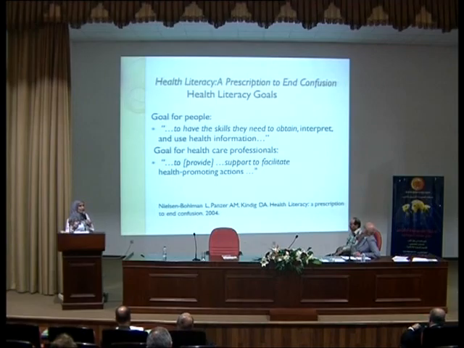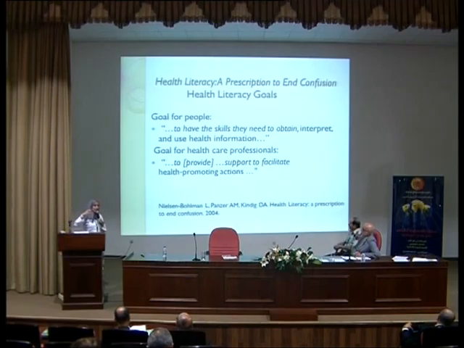You have to identify the state of the patient or consumer, identify his needs and goals, and try to meet them. I will talk about the role of pharmacists in this in the next few slides. For healthcare professionals, it is to provide support and facilitate health-promoting actions. How can we do that?